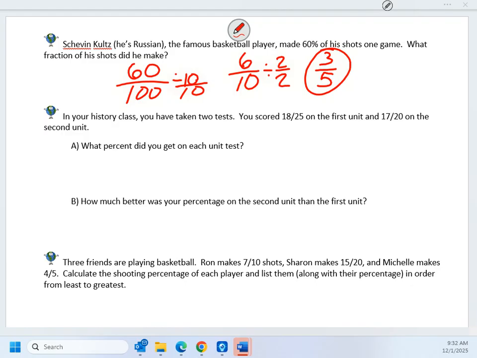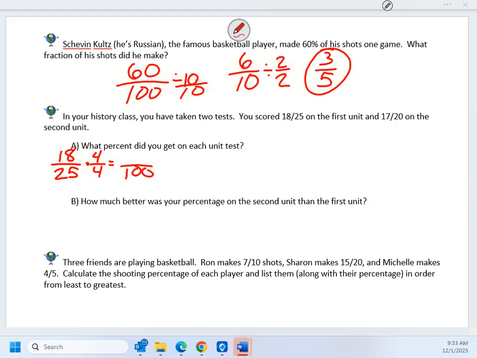So how do I make 18/25ths into a percent? Multiply it by 4 over 4, to get to the 100. Because my denominator needs to be 100. In order to go from a fraction to a percent, you need that magic number of 100.